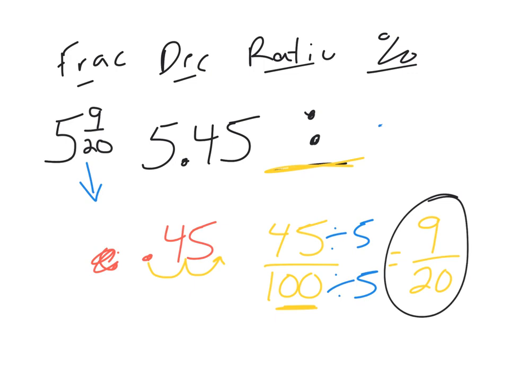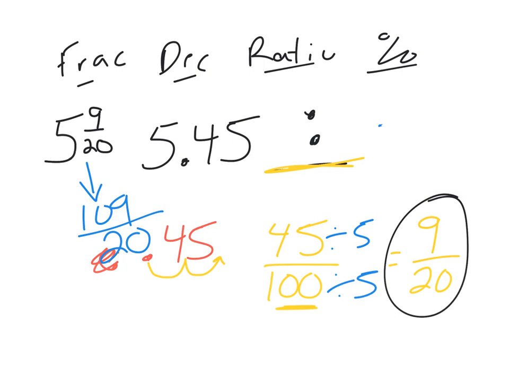So again, making a mixed number an improper fraction. We take the whole number, in this case 5, times the denominator, then plus the numerator. So I'm going to take 5 times 20, which is 100, plus 9, which is 109. So I'm going to get 109, and then the denominator just stays the same, so 20.